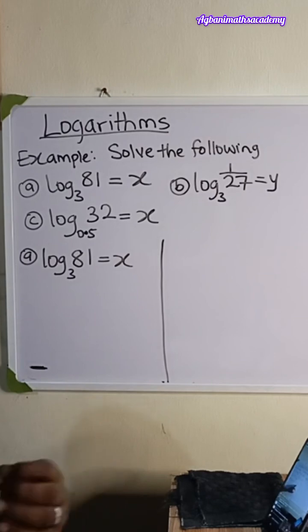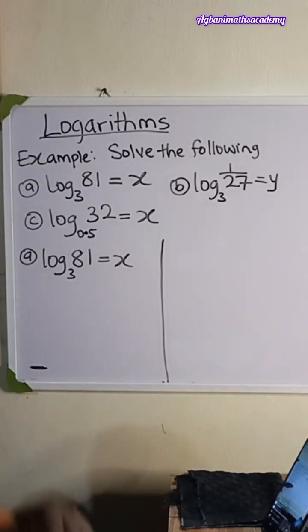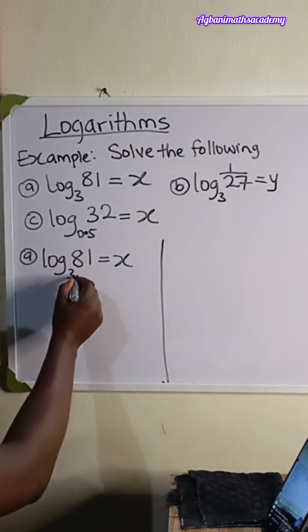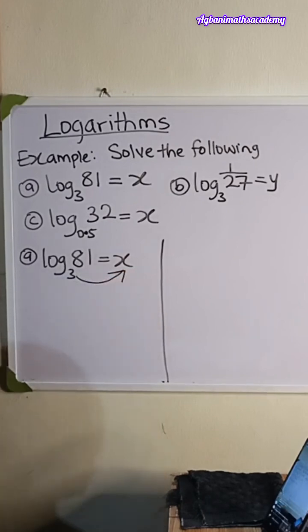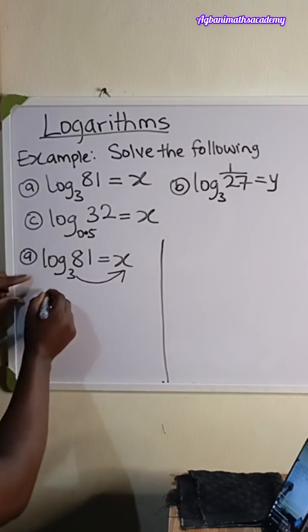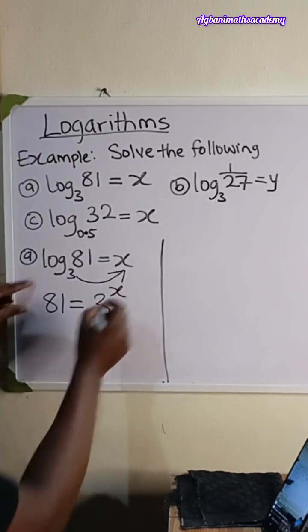Remember I said sometimes you might be required to convert from logarithm to indices or from indices to logarithm. For us to convert, the base has to move this way. So log 81 base 3 is equal to x can be written as 81 is equal to 3 to the power of x.